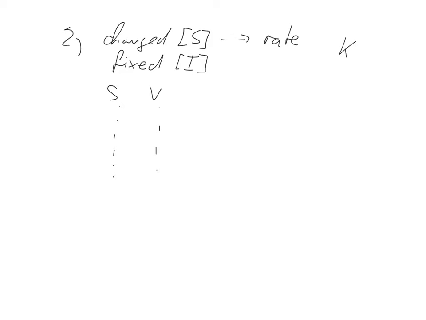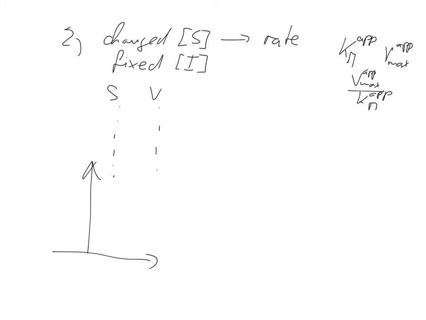So you get a Km apparent, you get a Vmax apparent, and you get a Vmax apparent over a Km apparent. And again, you can use a Lineweaver-Burk plot to do that, as I explained before. So 1 over V, 1 over S. And you can determine your different parameters, your apparent parameters from that.